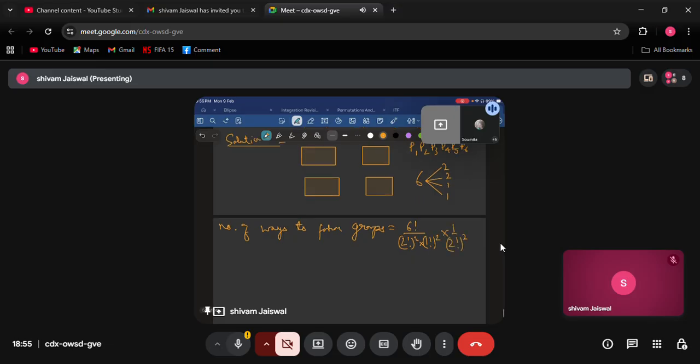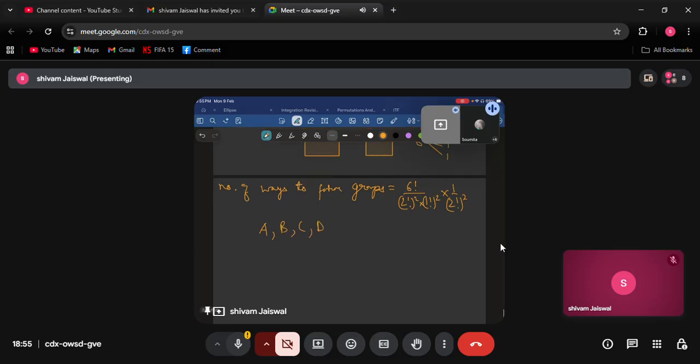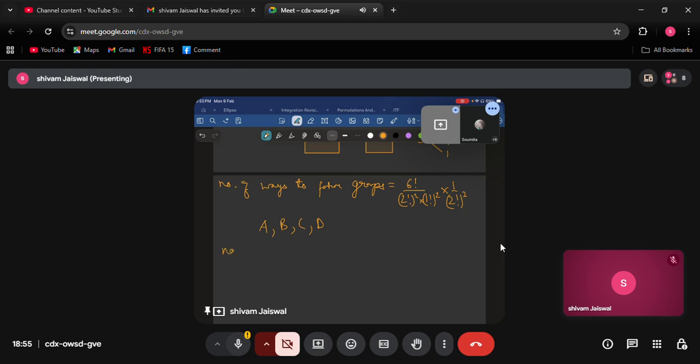Right, tell me, Samita. Yes, sir. This will give us how much? Now, let us say you have got 4 groups, A, B, C, and D. 4 groups can be arranged in 4 rooms in how many ways? Number of ways will be equal to 4 factorial. So it will be 6 factorial divided by 2 factorial whole square multiplied by 1 by 2 factorial whole square multiplied by 4 factorial.